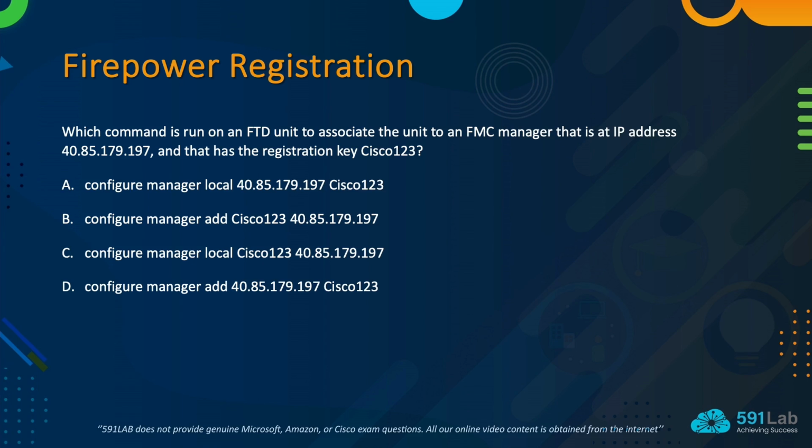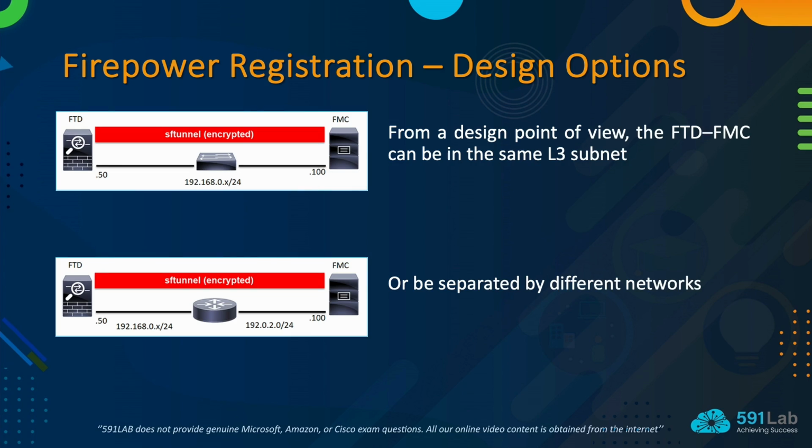Now, let's talk about Firepower device registration design first. An FTD supports two main management modes: off-box via FMC, also known as remote management; and on-box via Firepower Device Manager or Cisco Defense Orchestrator, also known as local management.